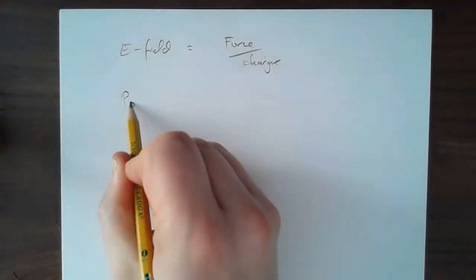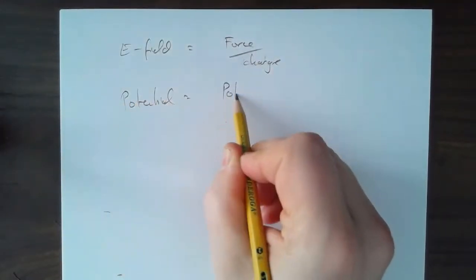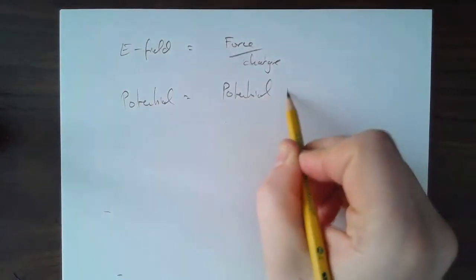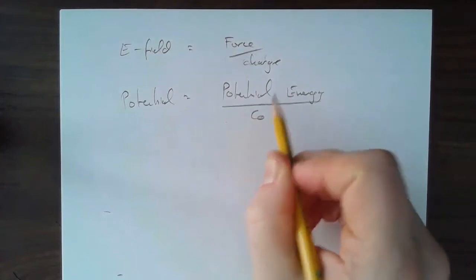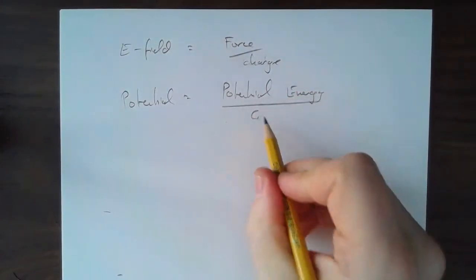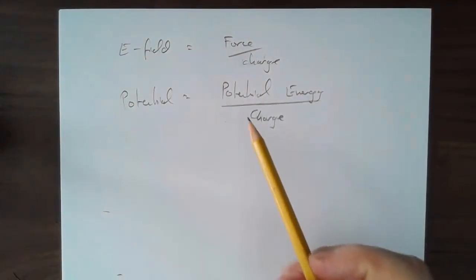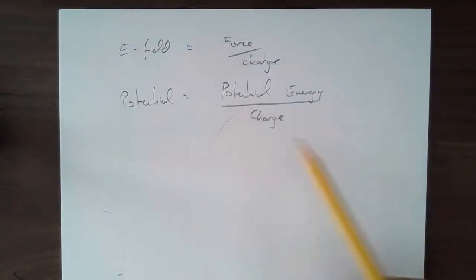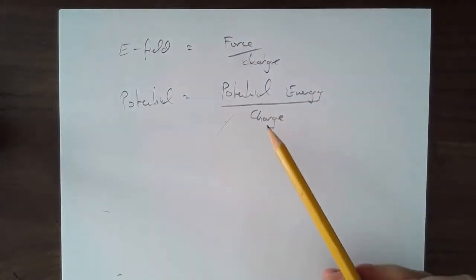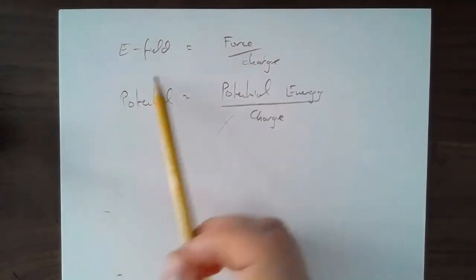Similarly, the potential is the potential energy per charge. So I add one charge to some configuration. Well, by how much does the potential energy change? Well, the potential is that quantity per charge that has been added. The electric field and the potential, they're defined at every point in space.